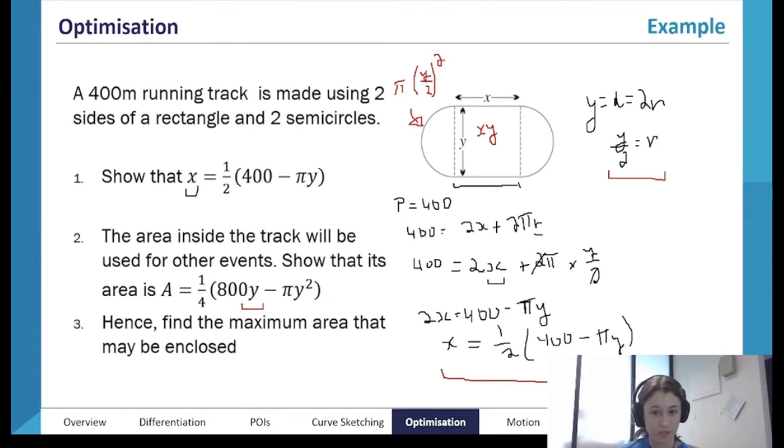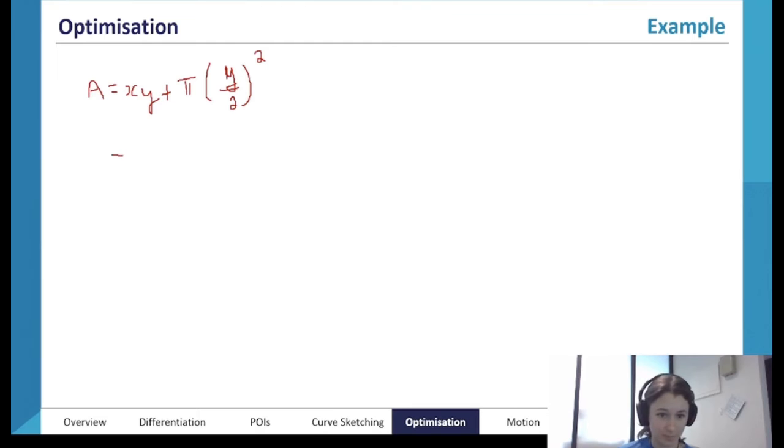So this is actually what we need to substitute in for x over here. So for x, we are going to have a half (400 minus pi y), and then we're going to have y here again, plus pi y squared over 4.